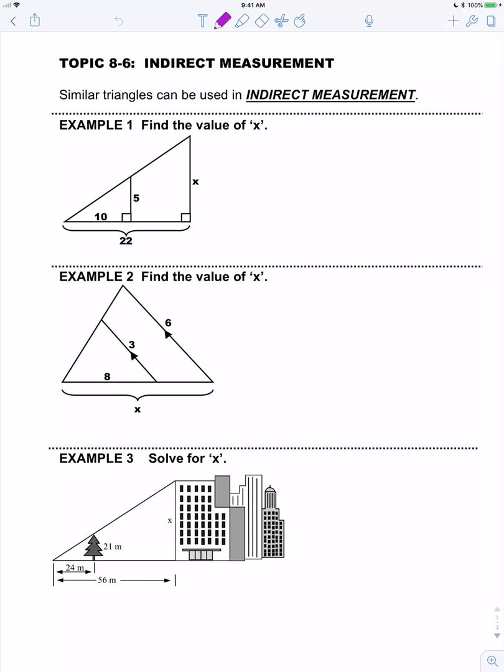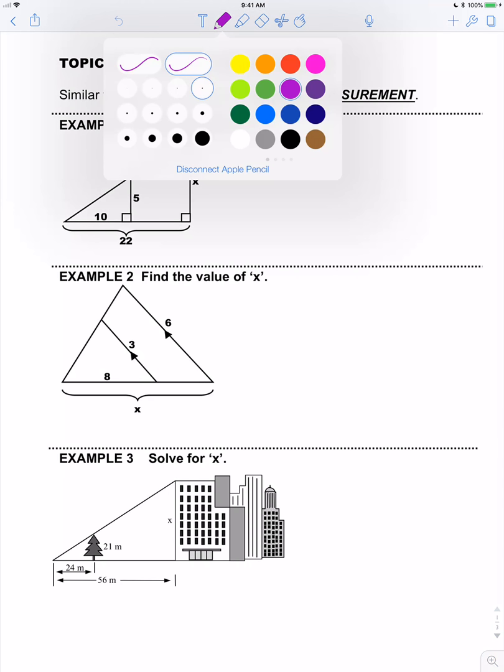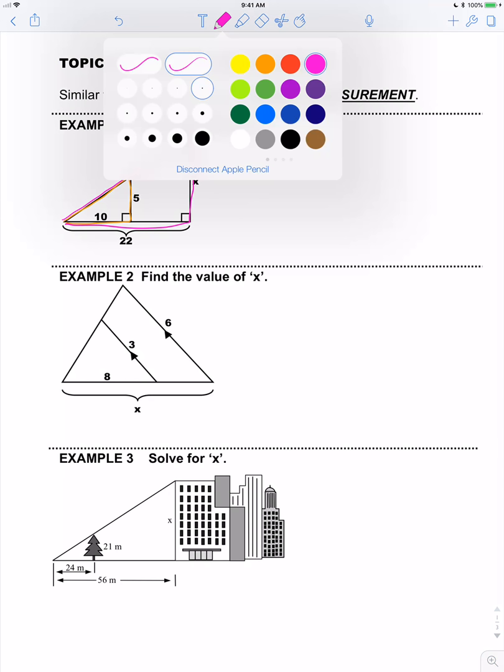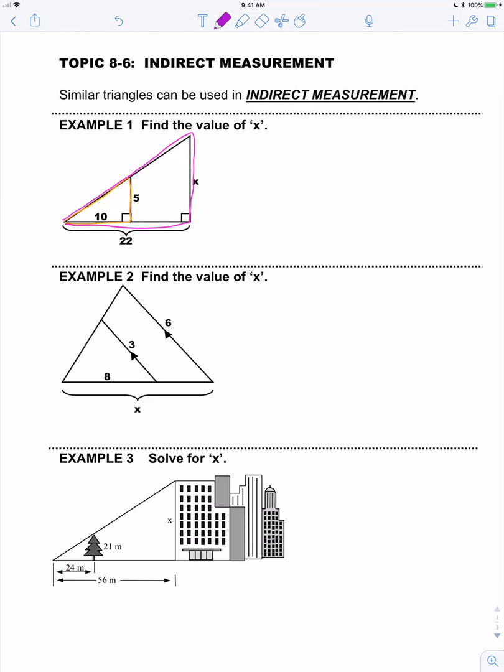So in this example, you see you have one triangle here, and then the other triangle is this whole thing, right? Okay, so we're just going to set up a proportion, and we can do big to small, we can do small to big, just as long as you're always putting the same one on top and the same one on the bottom.